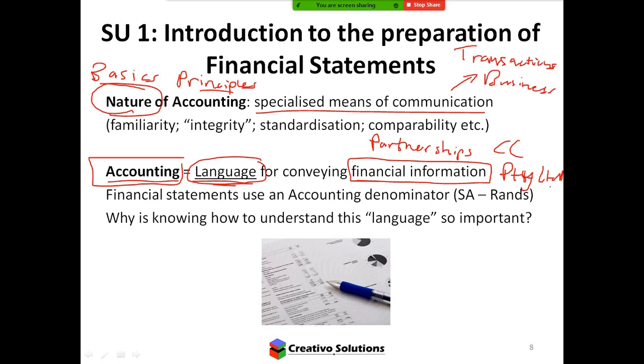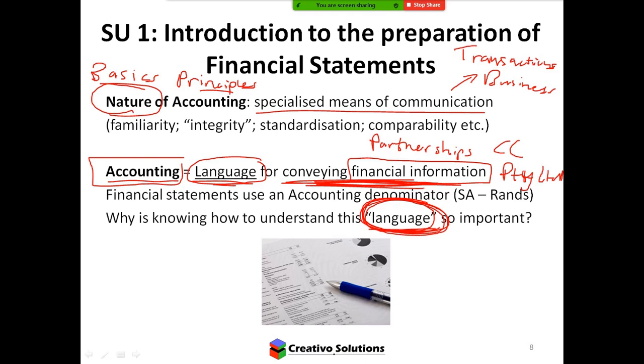So why is knowing how to understand accounting language important? Why is knowing this language important? Any idea? Why do we need to convey the financial information? Any idea? Consistency, maybe? Wait, what are you asking me?